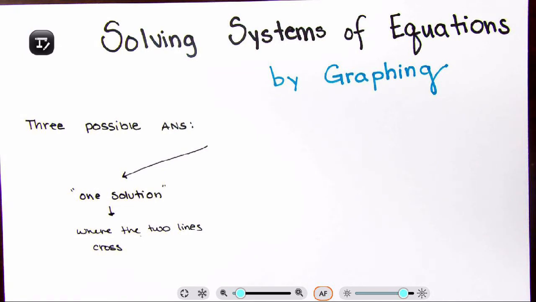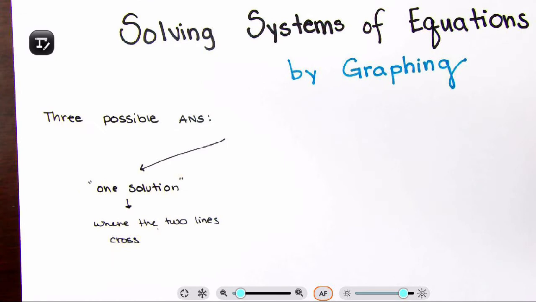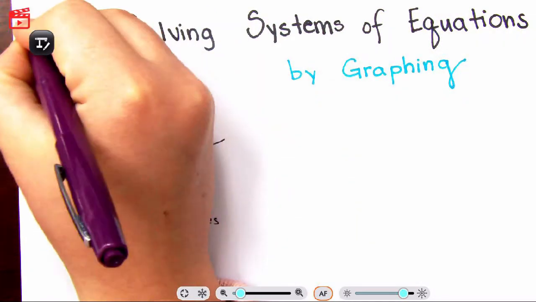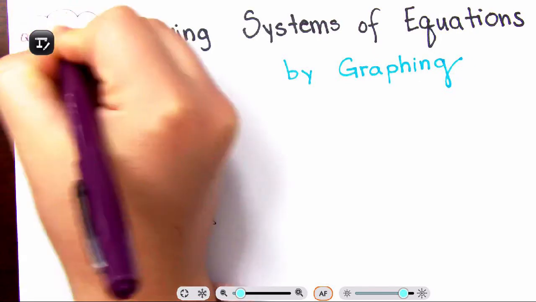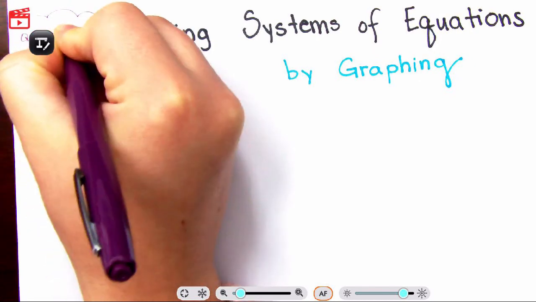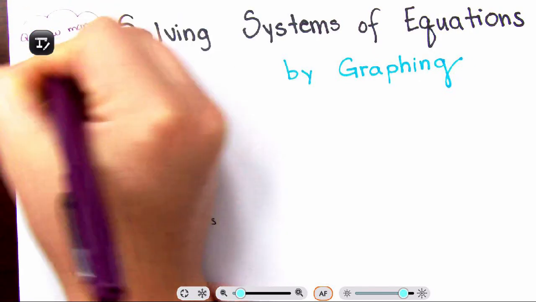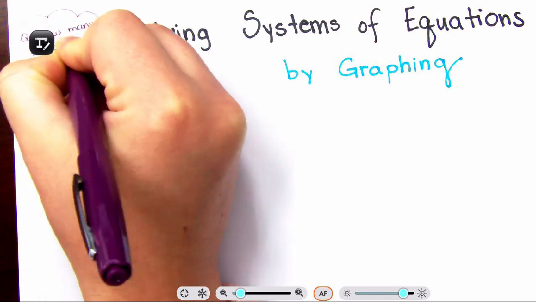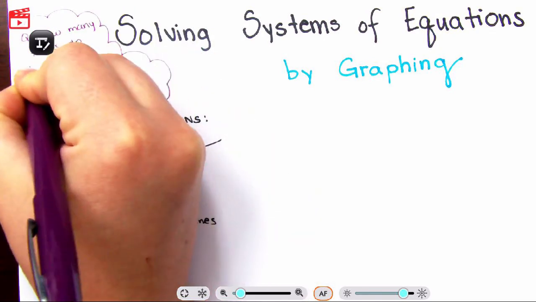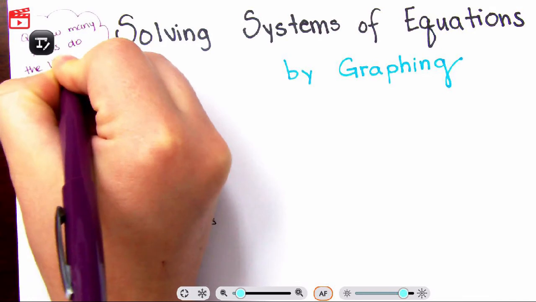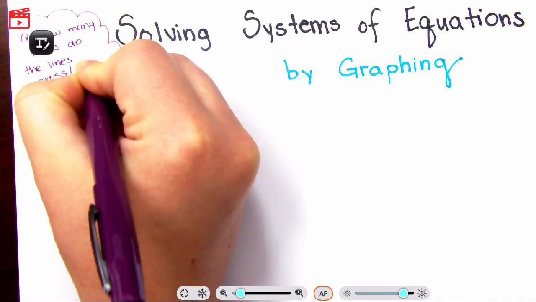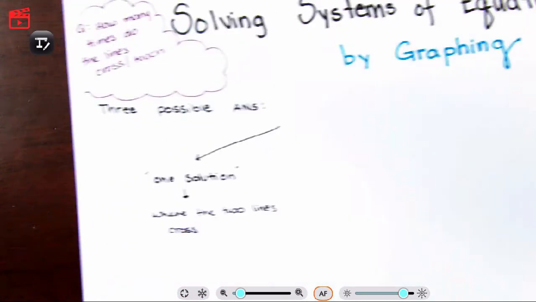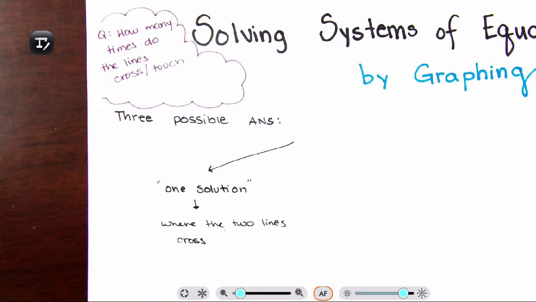So let's put that in a thinking bubble. The question we're going to be asking is how many times do the lines cross, or touch?